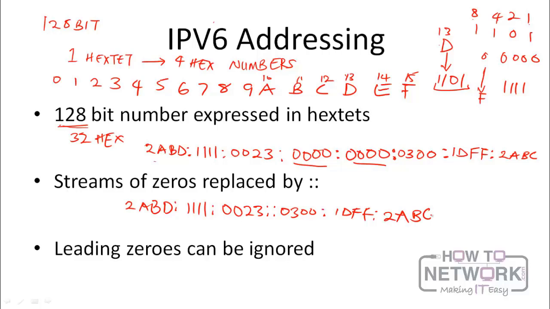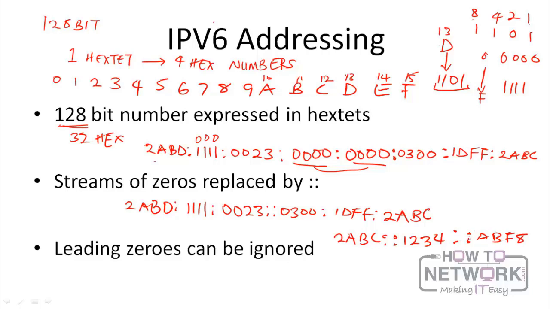Now what happens if you have strings of 0000 in more than one position? For instance, if we have this as 0000, and then there's another string of zeros on the other end, you can only use this double colon once. So you can't have an address that is 2ABC double colon 1234 and then another double colon ABF8.